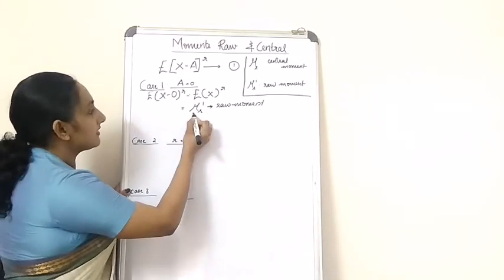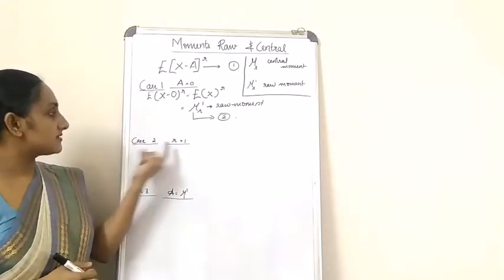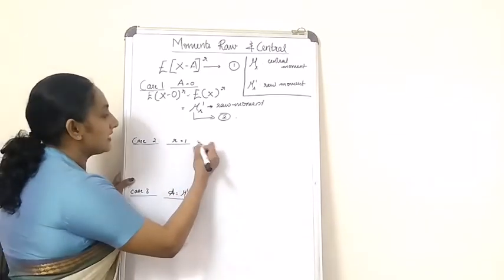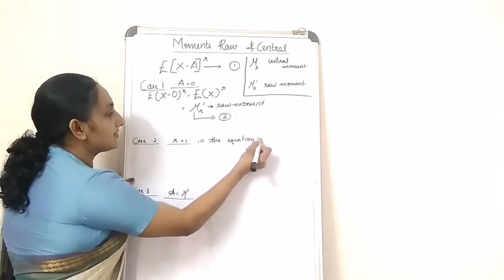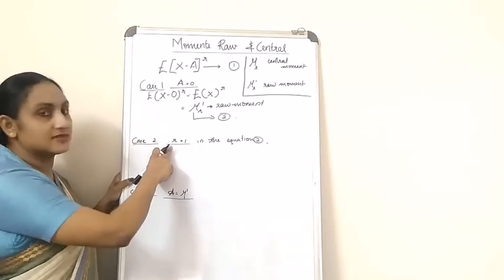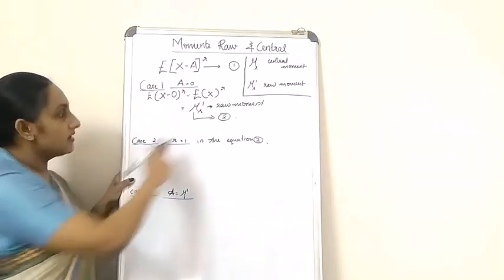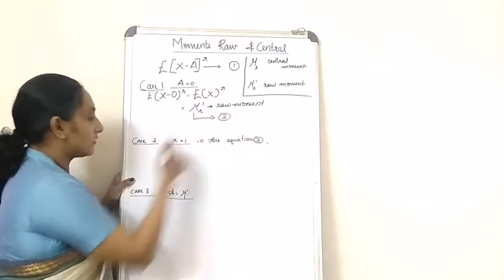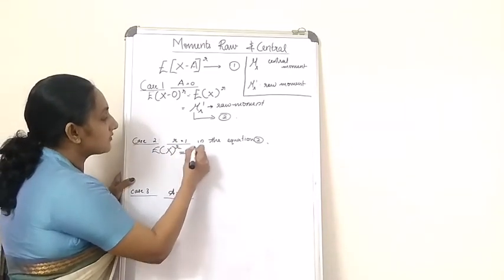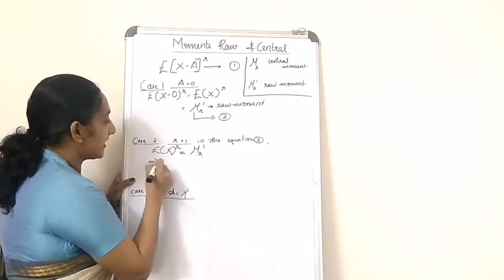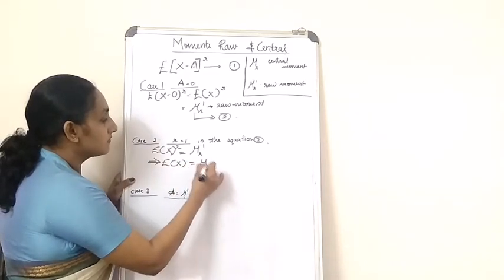I'm going to mark this as 2. Now case 2 is when r is equal to 1 in equation 2. Our second equation is the expectation of x raised to r is equal to mu r dash, which implies that when I put r equal to 1, I get expectation of x is equal to mu 1 dash.